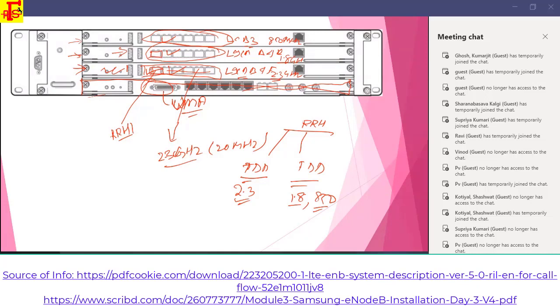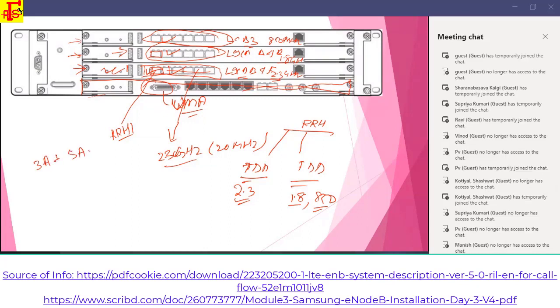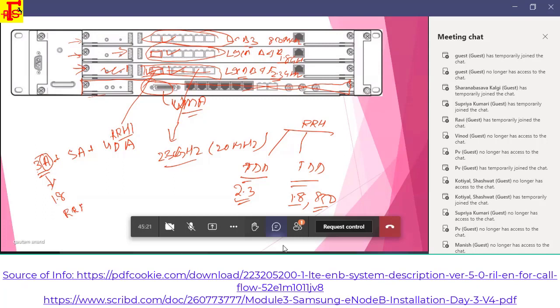Suppose I want to do carrier aggregation, and I have a combination of 3A plus 5A plus 40A, right? 3A means band 3 class A, that means a 1.8 RRH is required. That is the first requirement. 5A means band 5, that means 850.